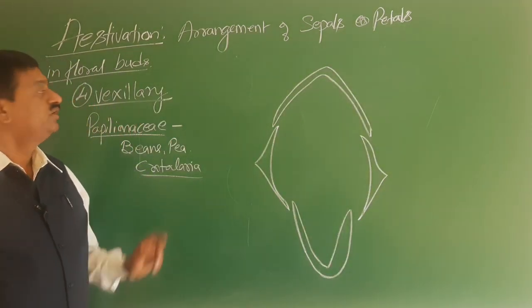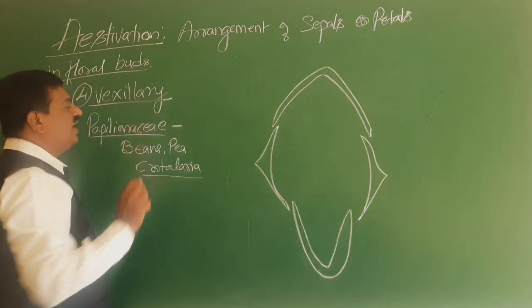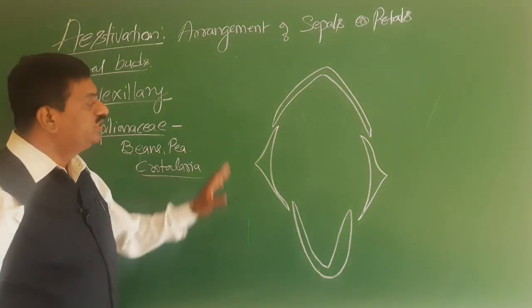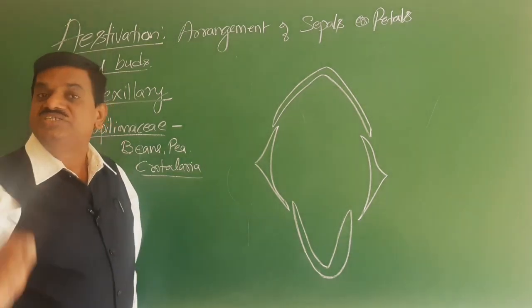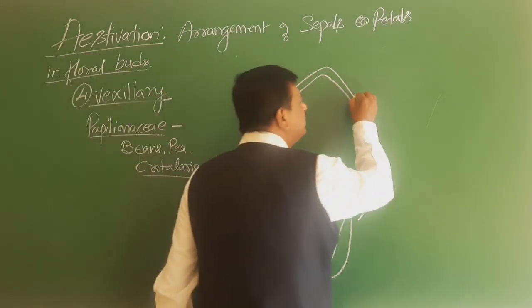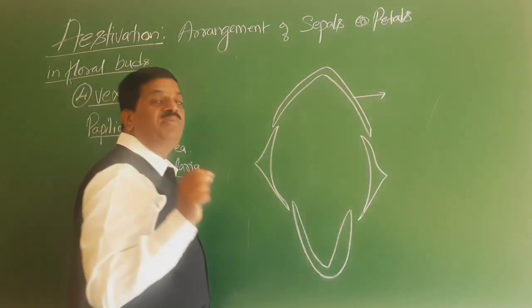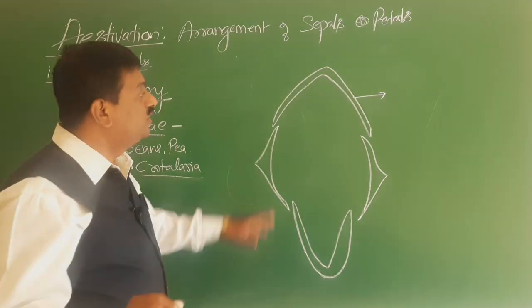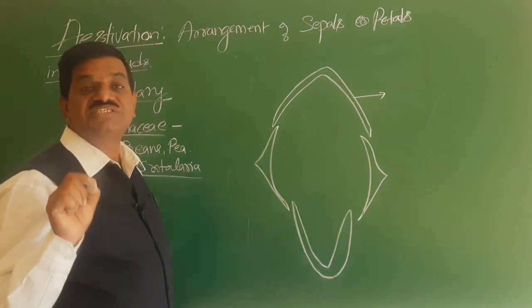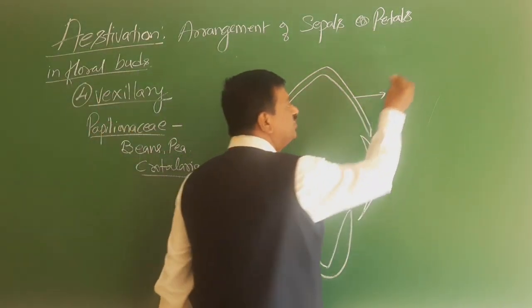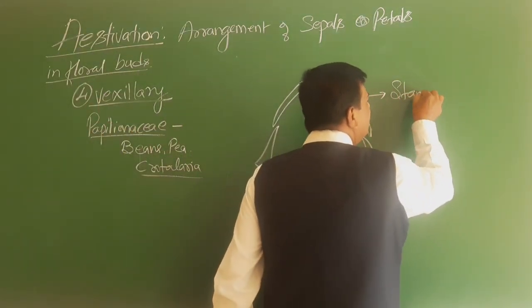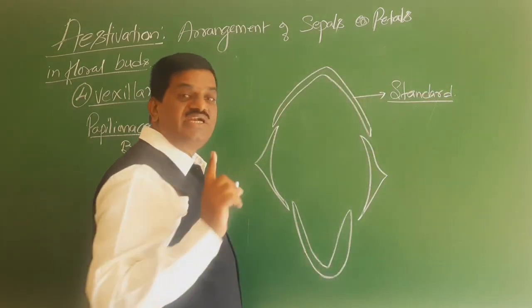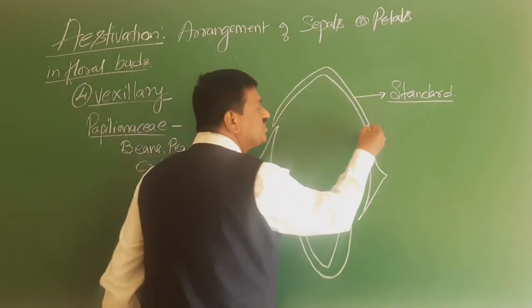Next we go for vexillary aestivation. Here the arrangement is slightly different. As I mentioned, in a papilionaceous corolla, one of the petals is called the standard petal, and in this standard petal both the edges are out.